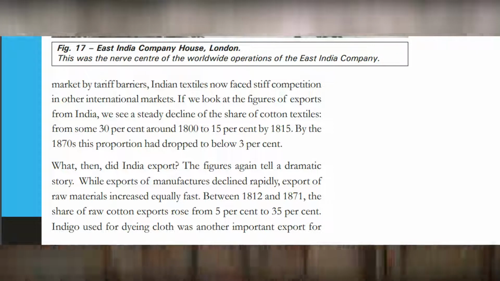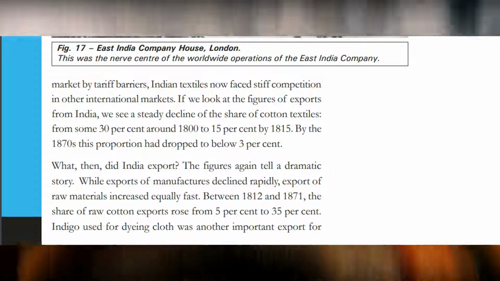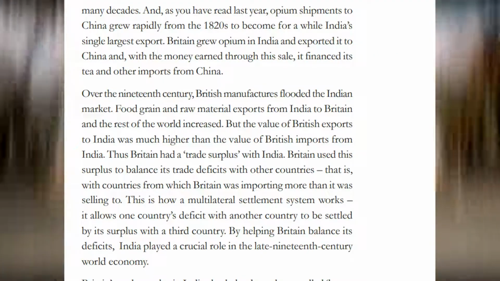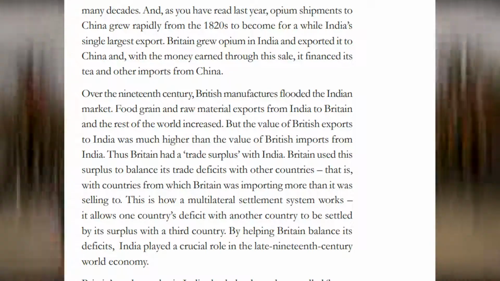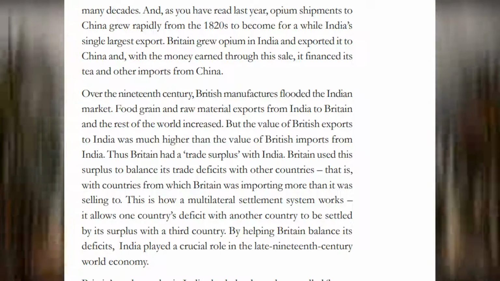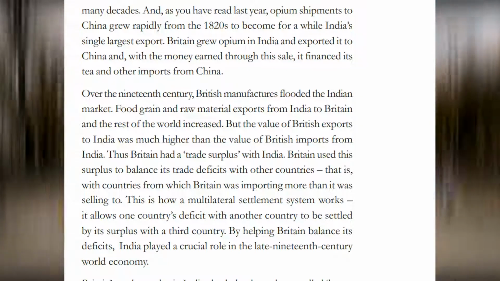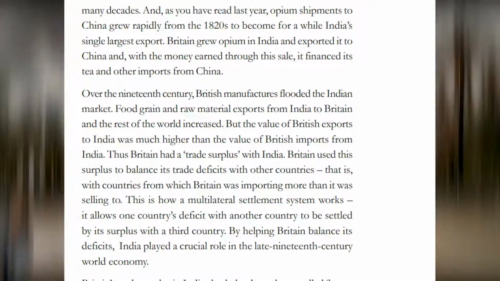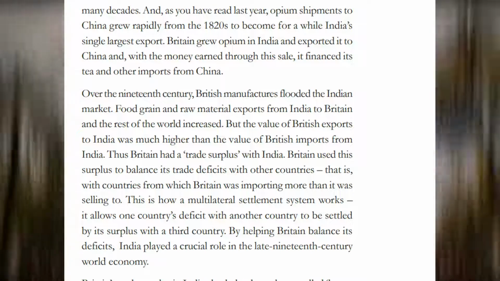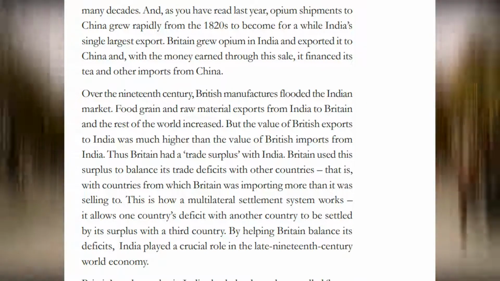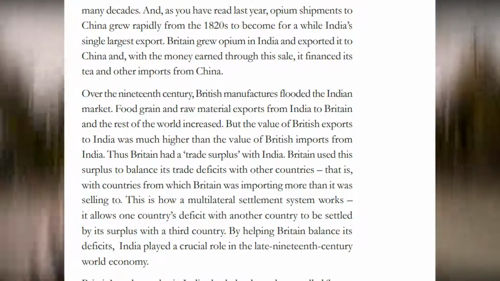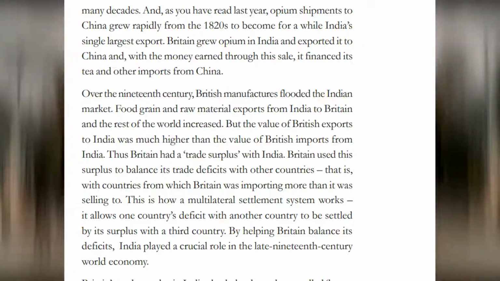Indigo used for dyeing cloth was another important export for many decades. And, as you have read last year, opium shipments to China grew rapidly from the 1820s to become for a while India's single largest export. Britain grew opium in India and exported it to China and, with the money earned through this sale, it financed its tea and other imports from China.